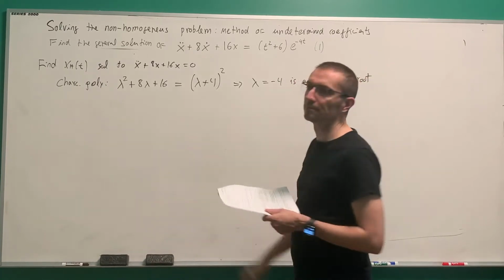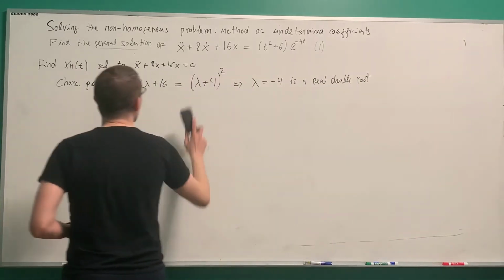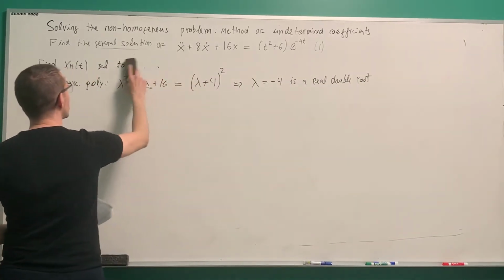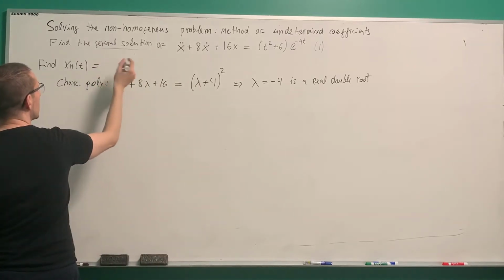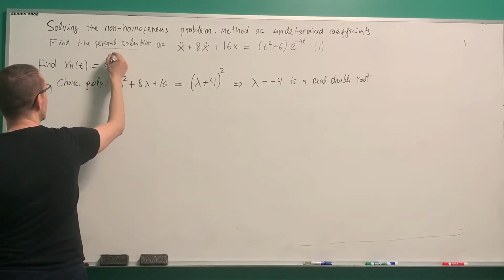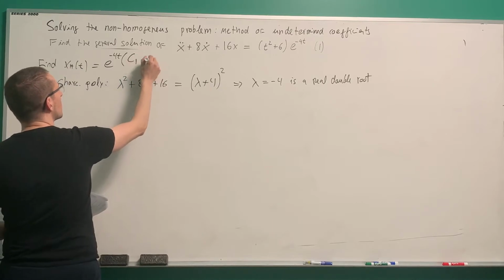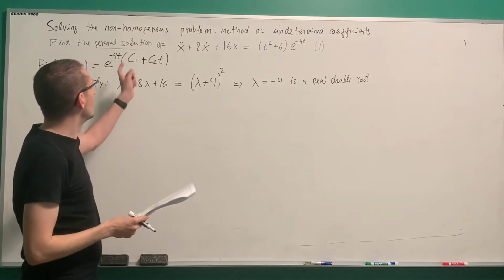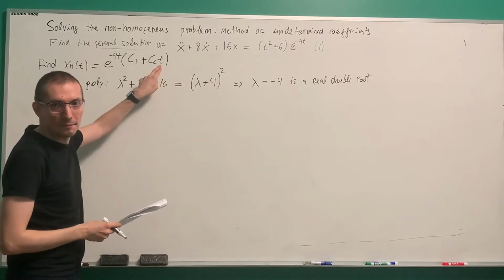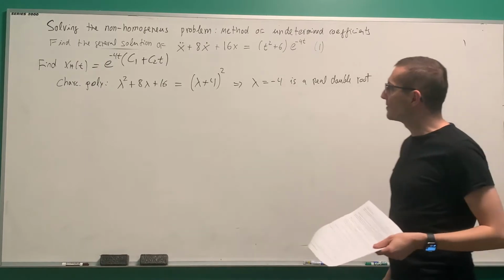Now we use the algorithm that we know of what the solution is like depending on the roots of the characteristic polynomial, and we know that in this case, this is going to be the exponential of lambda t, so exponential of minus 4t, that multiplies a polynomial c1 plus c2 t in this case, because it's a double root. You go to the multiplicity of the root minus 1. All right, wonderful. Now we have step 1.